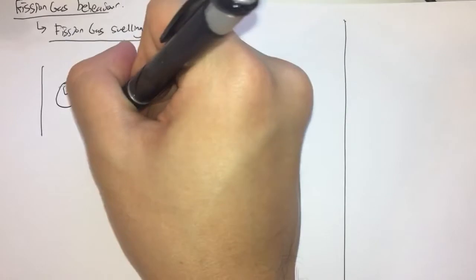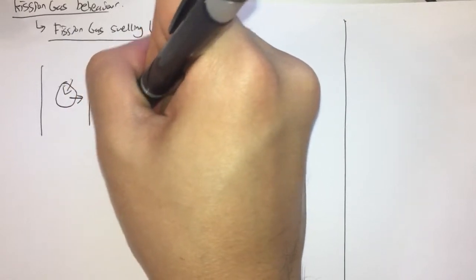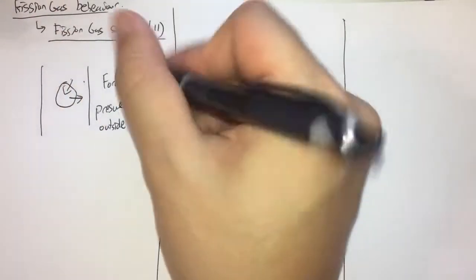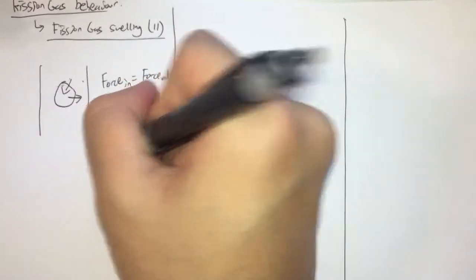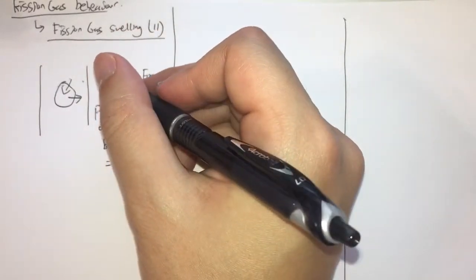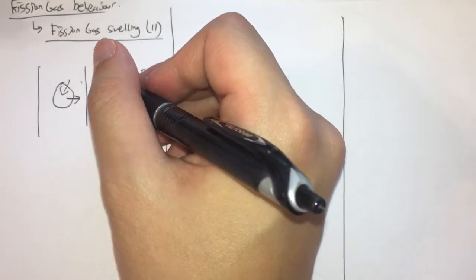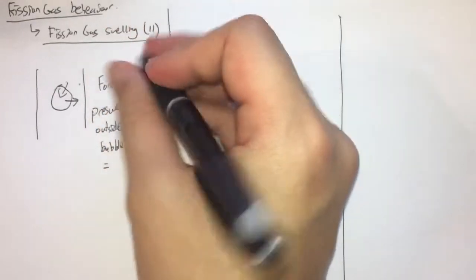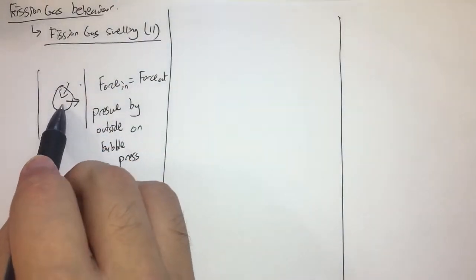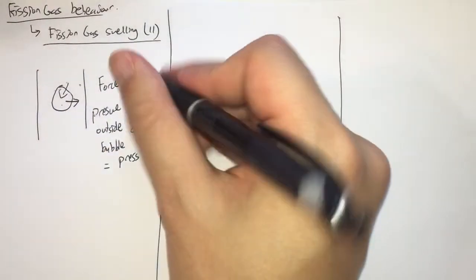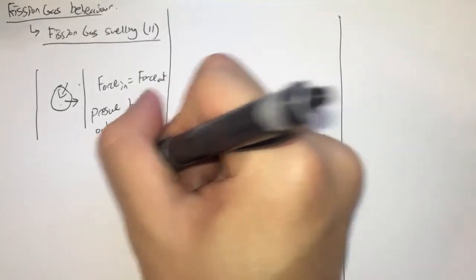The pressure by the outside, meaning the solid on the bubble, equals the pressure by the bubble on the outside, that is, the pressure by this bubble on the fuel matrix.